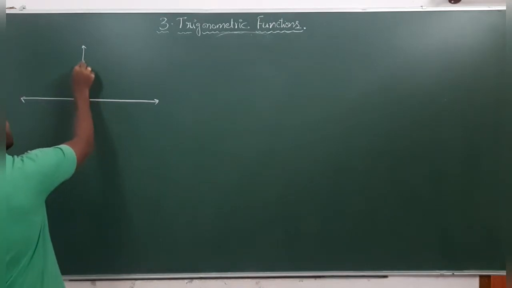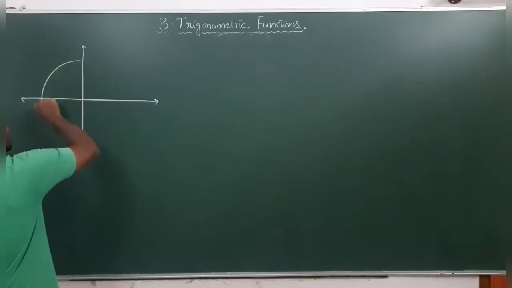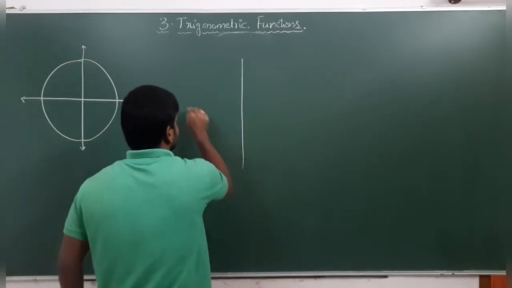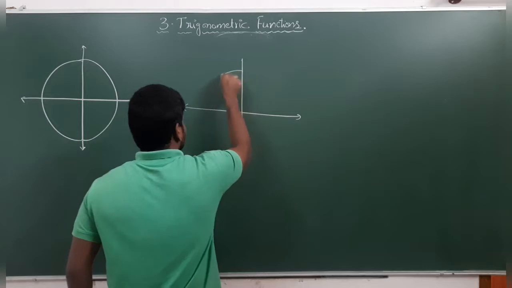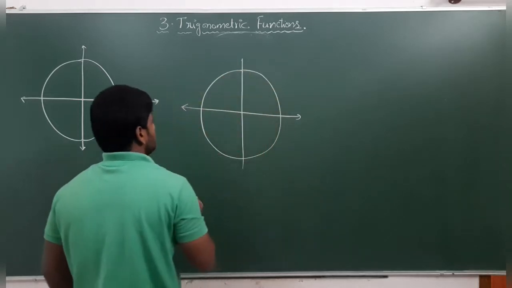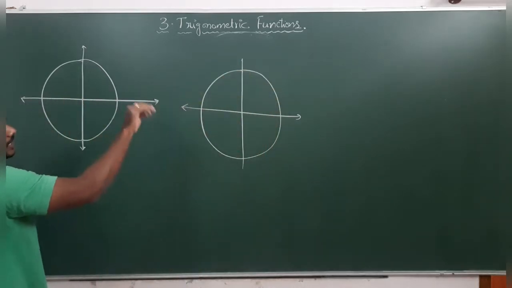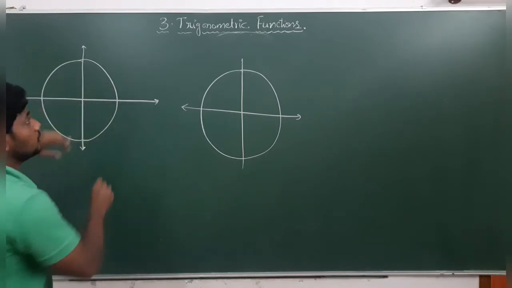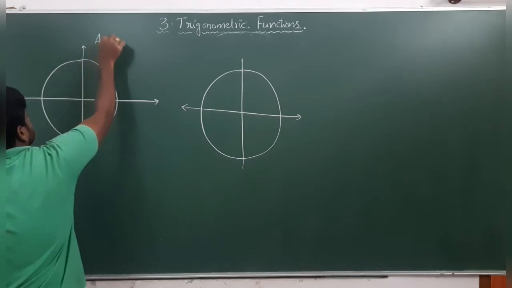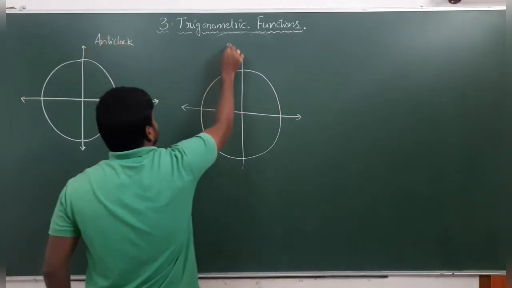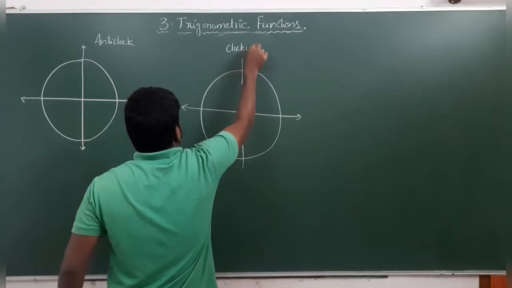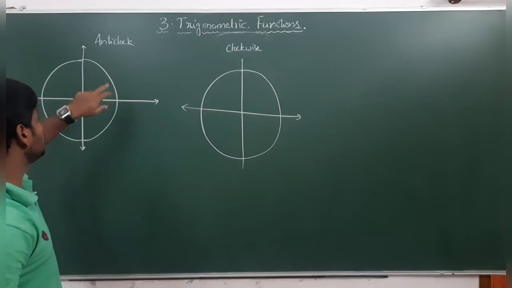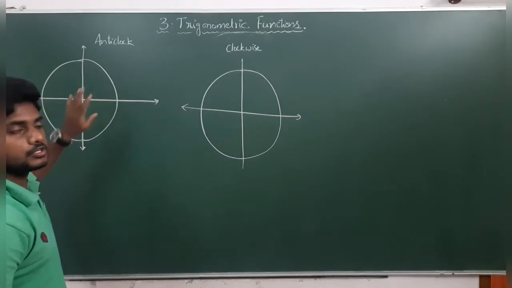See, for example, guys, I will consider a unit circle in which one ray is rotating in clockwise direction, another one is rotating in anti-clockwise direction. First we will discuss anti-clockwise direction. Clockwise direction means the angle we will consider as negative angle. In anti-clockwise, the angle we will consider as positive angle.